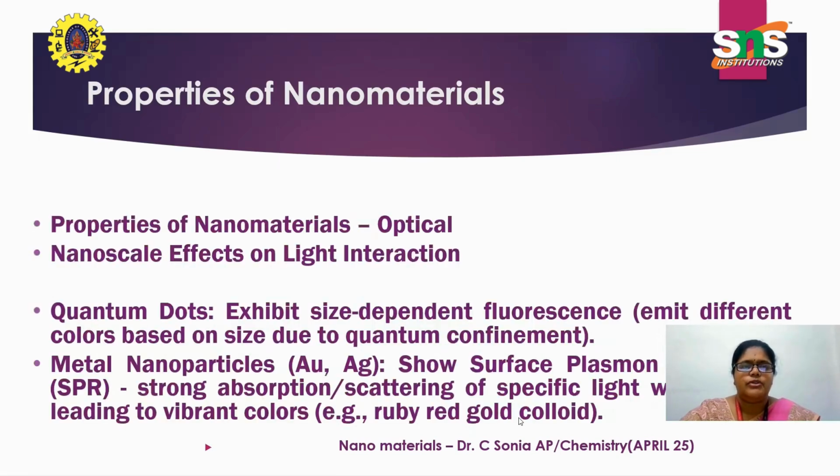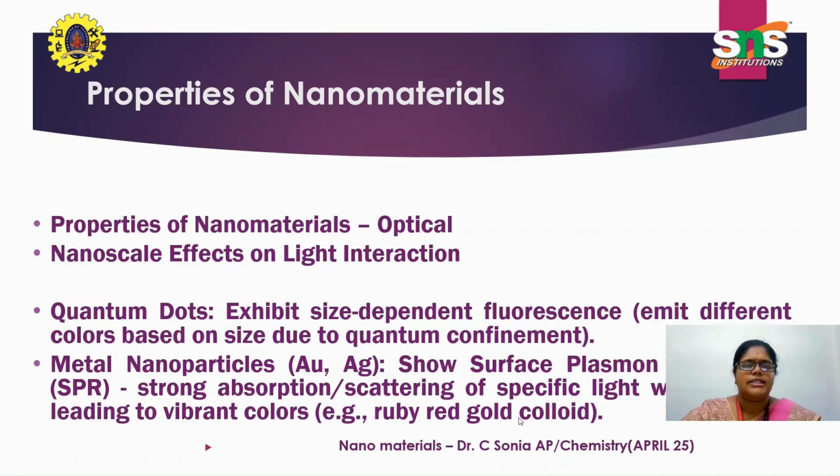In this video, we are going to see about the properties of nanomaterials. First, the optical property, that is the nanoscale effects on light interaction. It tells about the optical properties of nanomaterials. Quantum dots exhibit size-dependent fluorescence, emitting different colors based on size due to quantum confinement.